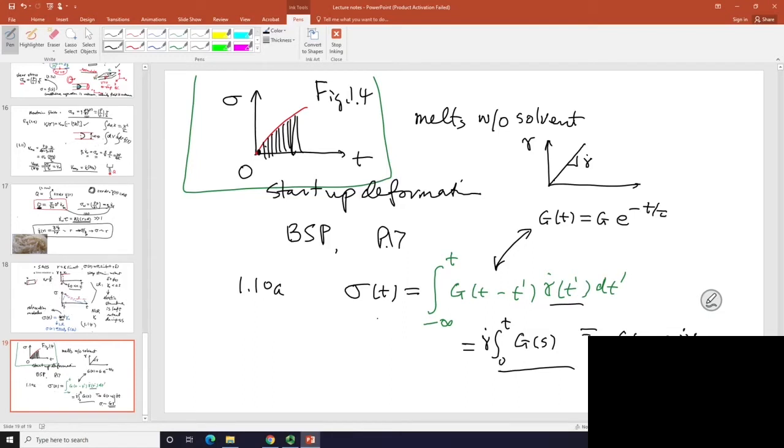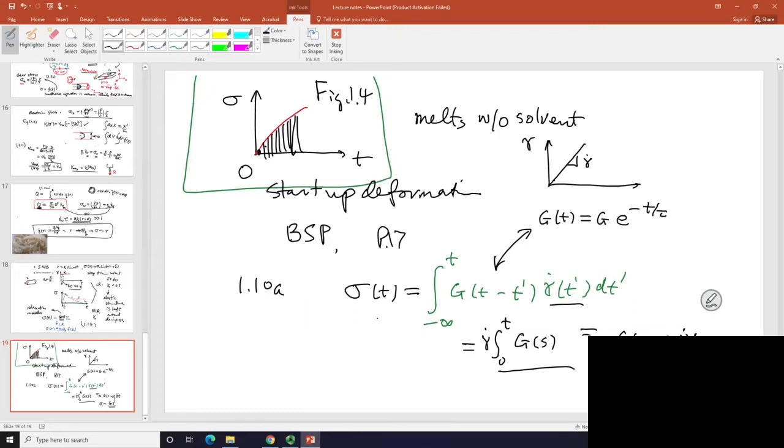So if you trace back, you ask, gee, how do I know the Maxwell model? How do I know the Boltzmann superposition, where this comes from?